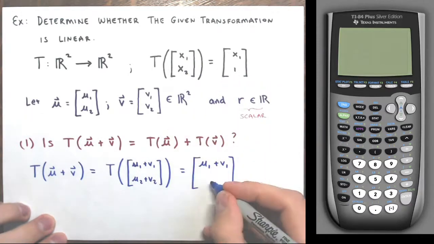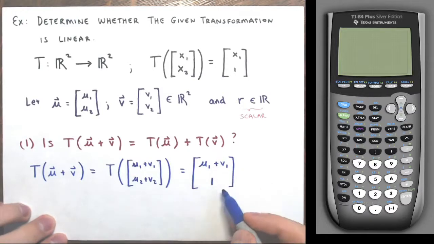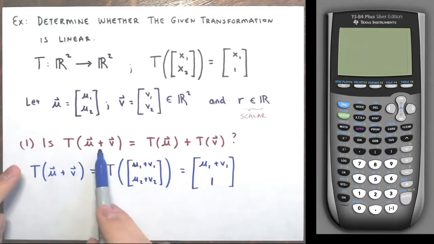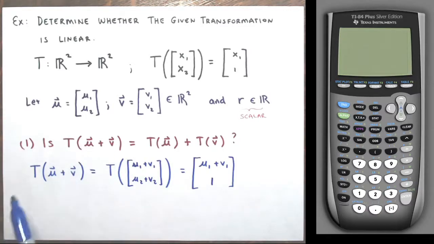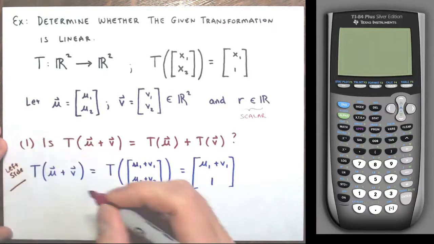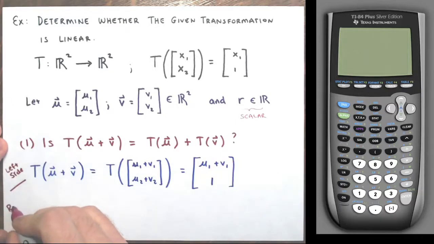So this would be the output when I plug in u plus v to the rule T. That's working with the left side of the equation. Then working with the right side, let's see if we get the same expression. And if they're not the same, then we should come up with a counterexample.